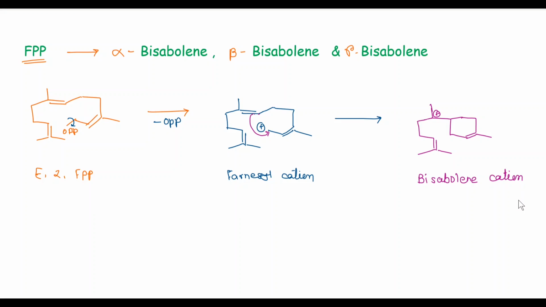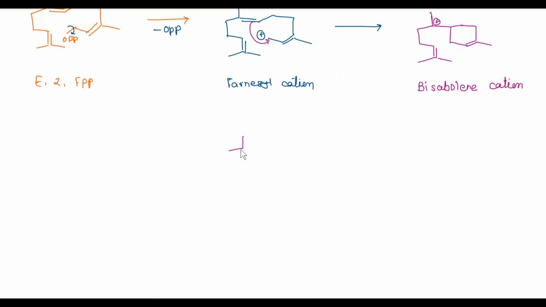From this bisabolene cation, on loss of protons, we get alpha bisabolene, beta bisabolene and gamma bisabolene. I will write the structure of this bisabolene cation here.